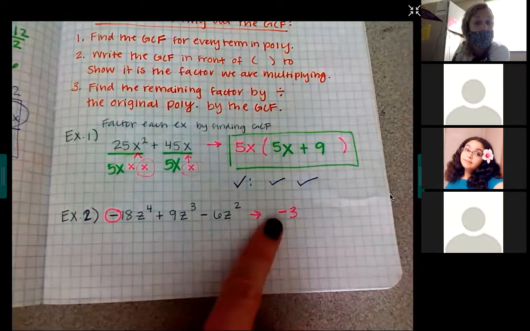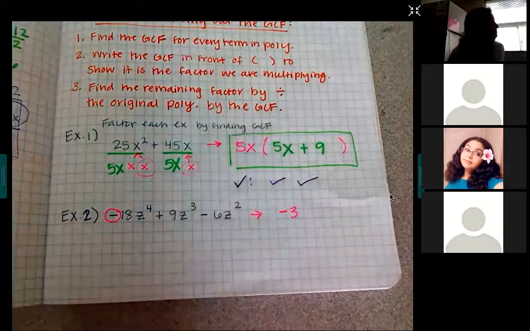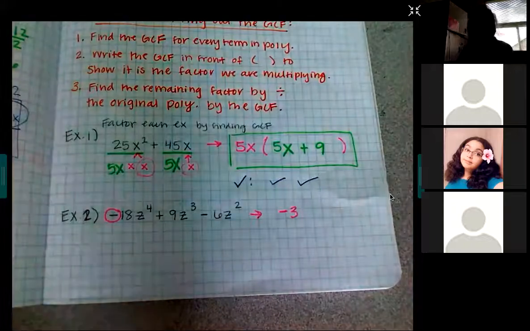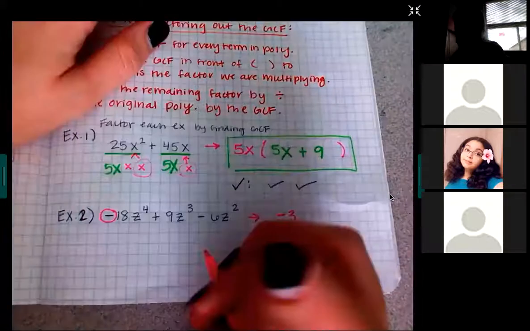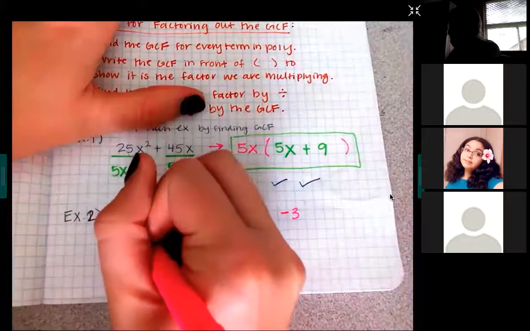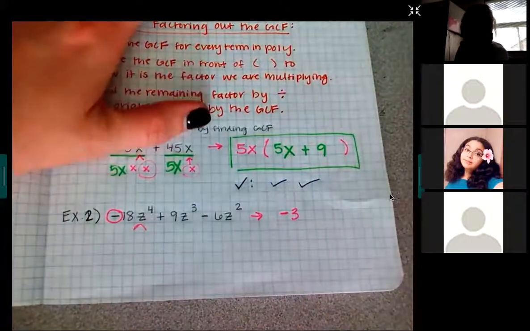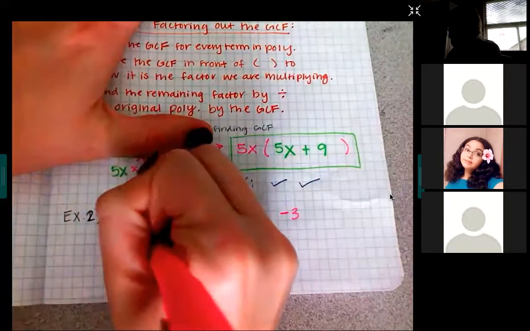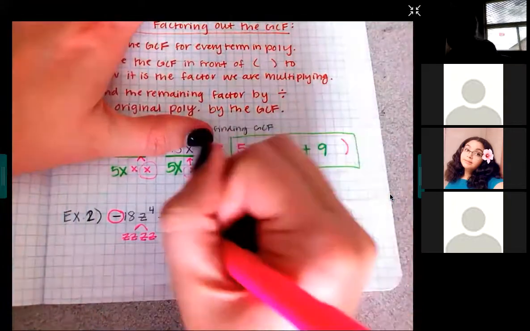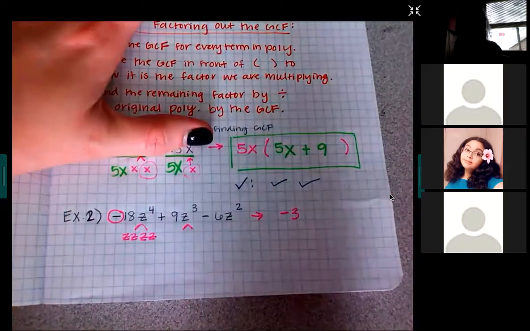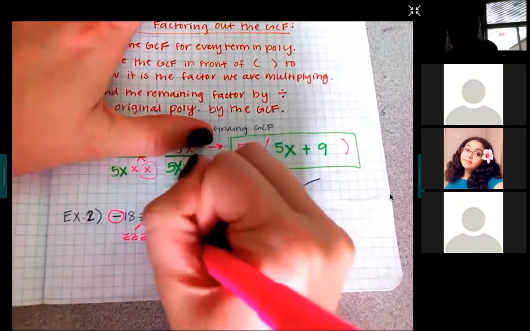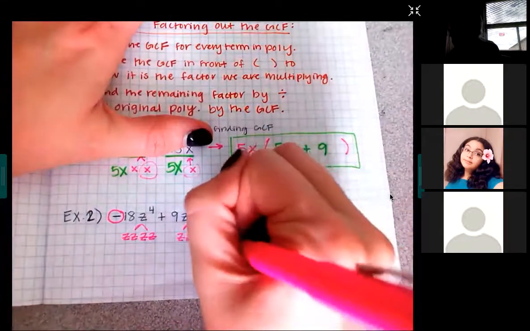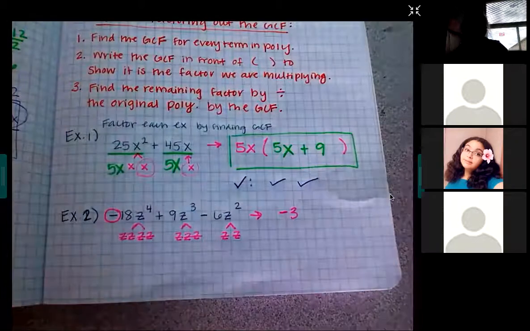Okay? All right, now what do I have to look at besides the numbers? The Z's, good. The letters, the exponents with the letters, very good. If this is Z to the 4th, can somebody tell me how many Z's this is? 4. I'm not trying to trick you, that's 4 Z's. If this is Z cubed, how many Z's is that? 3. And if this is Z squared, how many are here? 2. Good. Let me ask y'all a question.